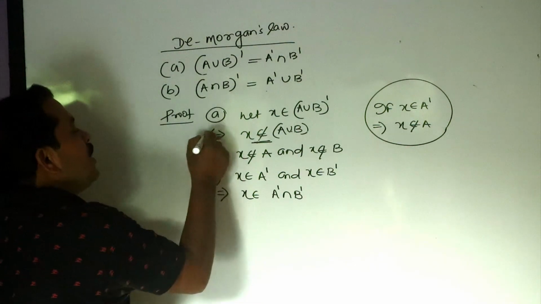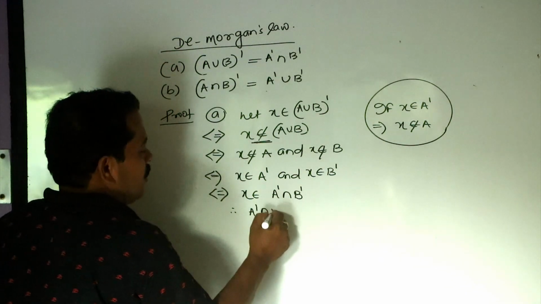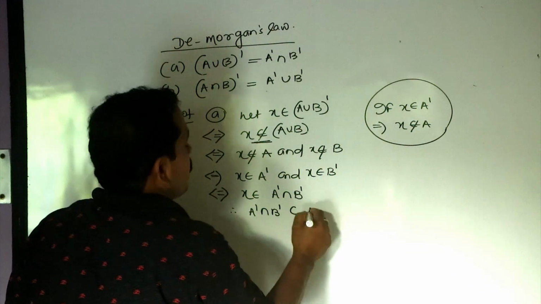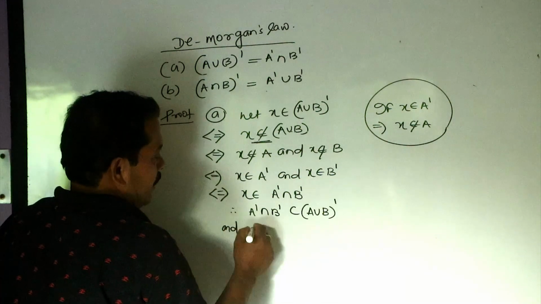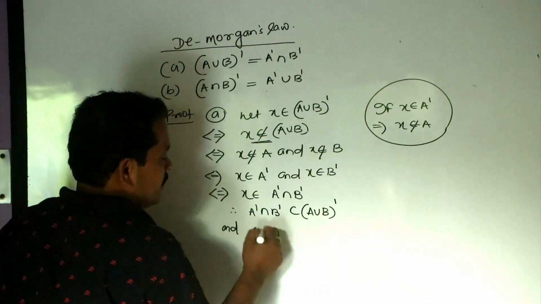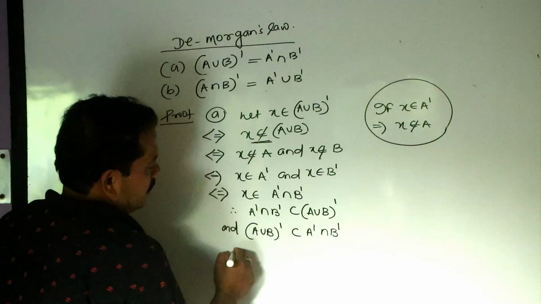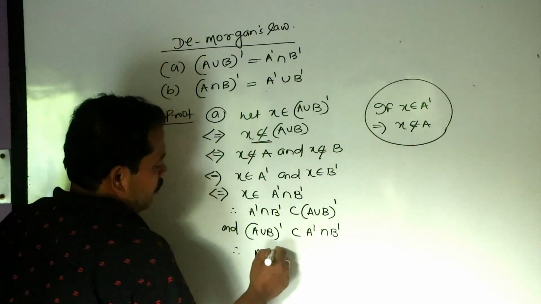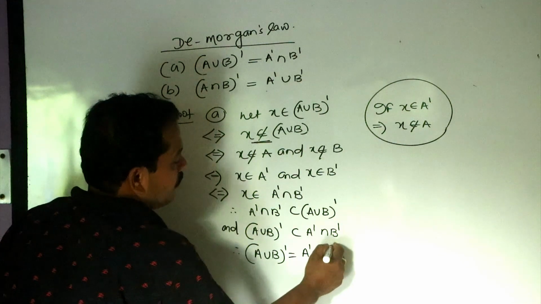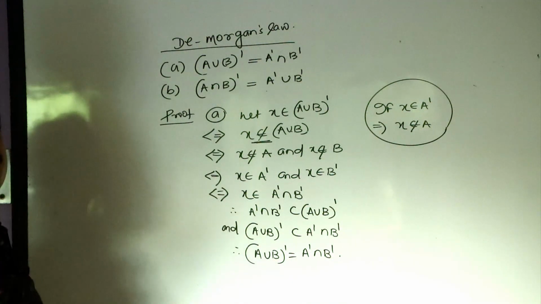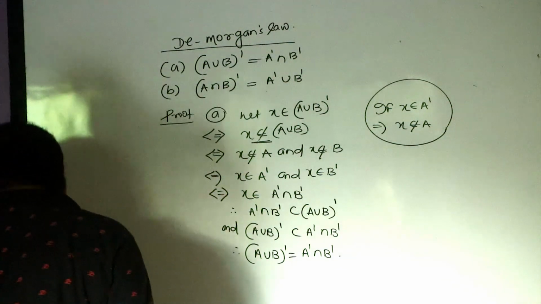And if we use double implication, then A dash intersection B dash is a subset of (A union B) whole dash, and (A union B) whole dash is a subset of A dash intersection B dash. So (A union B) whole dash equals A dash intersection B dash. In the same manner, you can prove the second part. This is known as De Morgan's law.